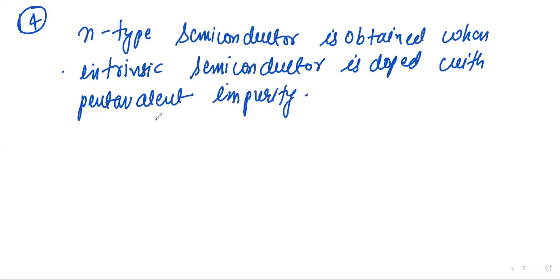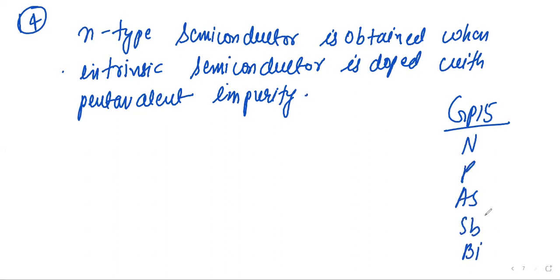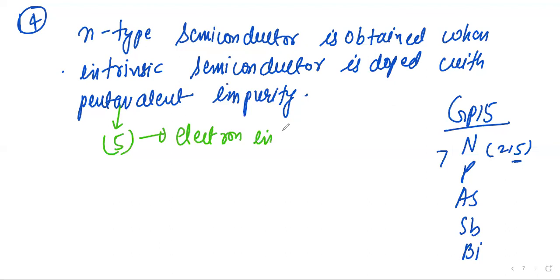Right. So pentavalent is of group 15, like nitrogen, phosphorus, arsenic, antimony, bismuth. Nitrogen has atomic number 7, so its configuration is 2,5. Pentavalent means its valency should be 5, so it contains 5 electrons in its last orbit.